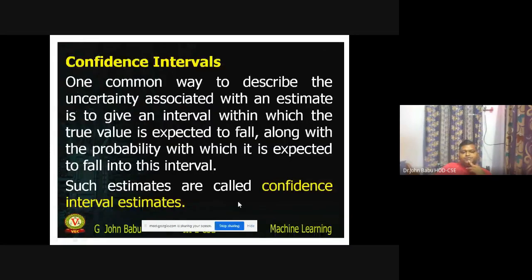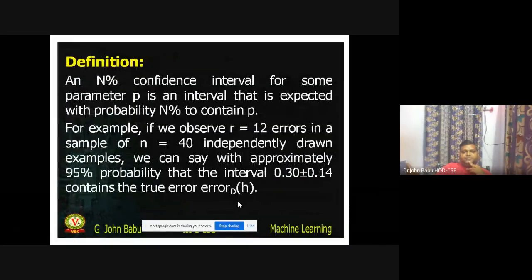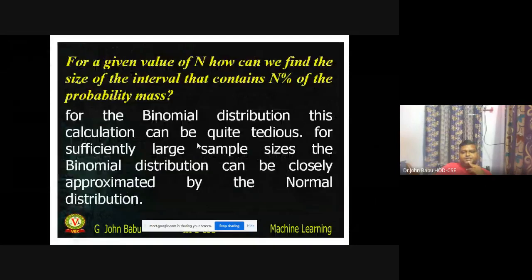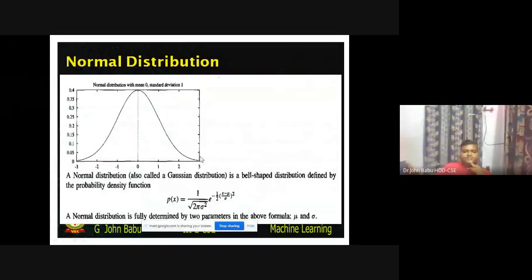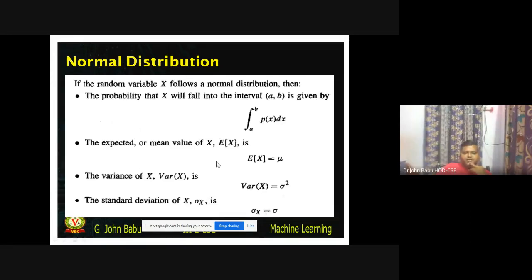Then we have also seen what is confidence interval, and this is normal distribution. Normal distribution is a bell-shaped curve. It is symmetric about 0, mean is 0 and standard deviation is 1.